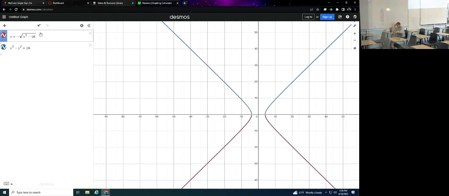I think there's a way of doing x is greater than or equal to 4. Maybe it's put this in curly braces.